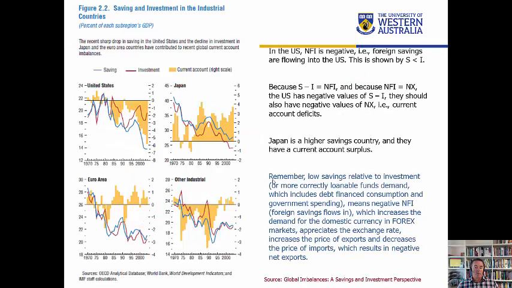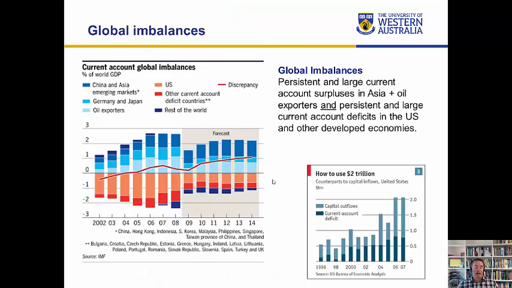Now, why is it that money is flowing from China, Asia, Germany, and Japan to America? We've sort of seen the current account side of this story, but now let's think about the investment flow side of this story.